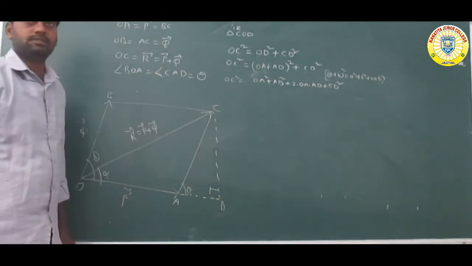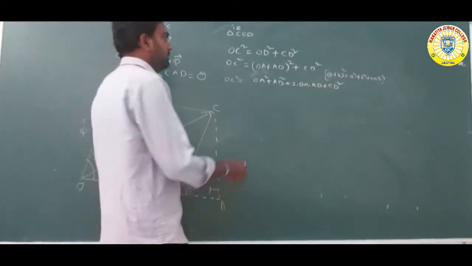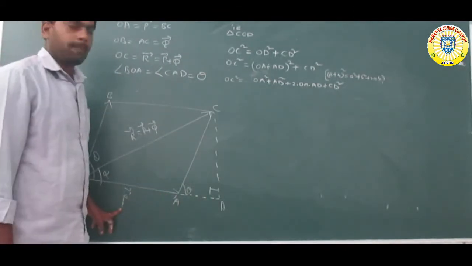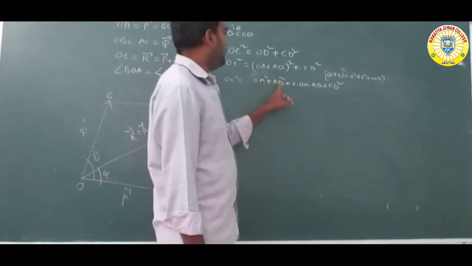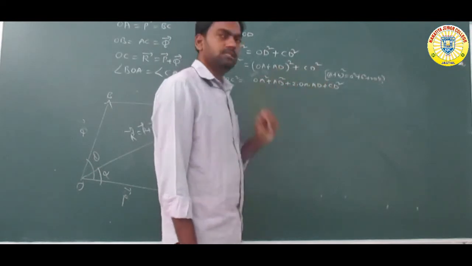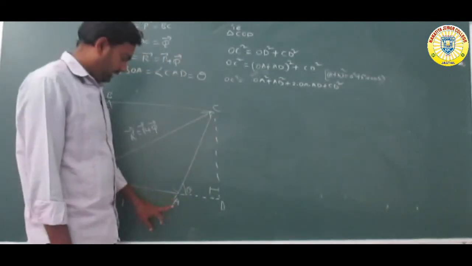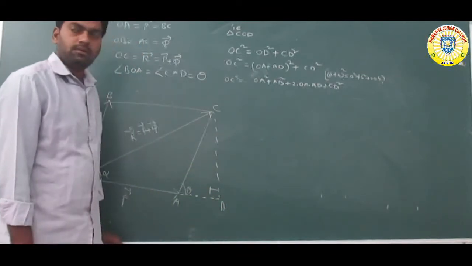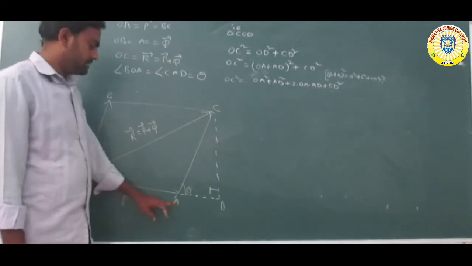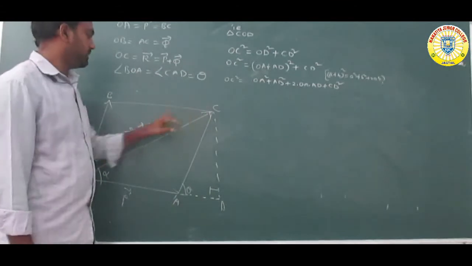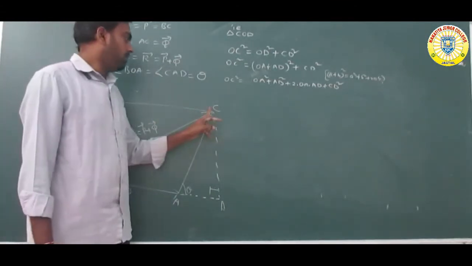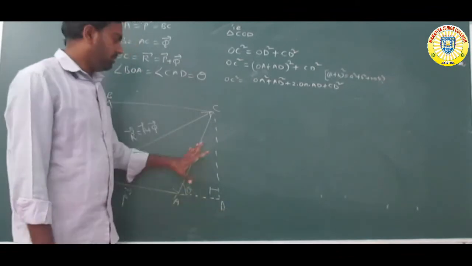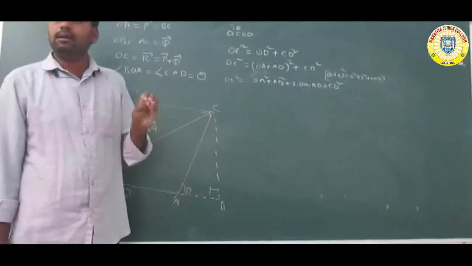Now OA square means P square. Already we know that OA is equal to P and OC is equal to R, but we have no idea for CD and AD. So now find out the CD and AD.